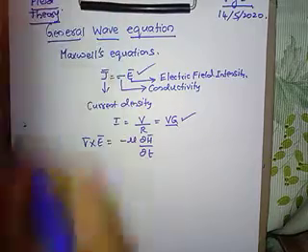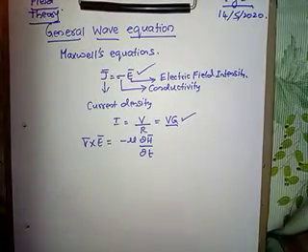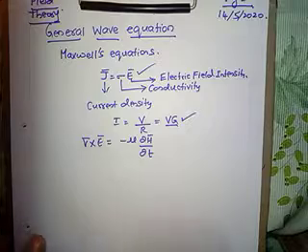We are dealing with field theory, so we start the general wave equation with del cross E bar equal to minus mu dou H bar by dou t.